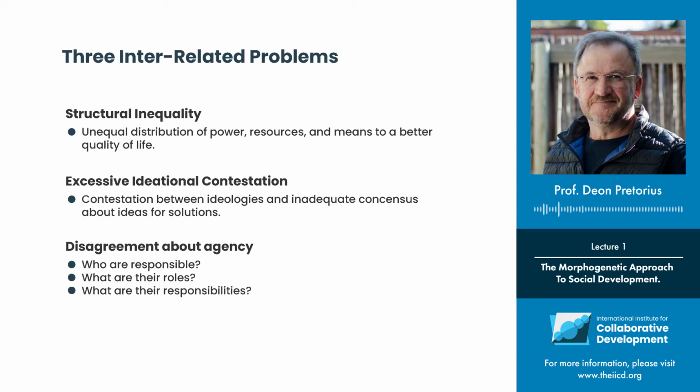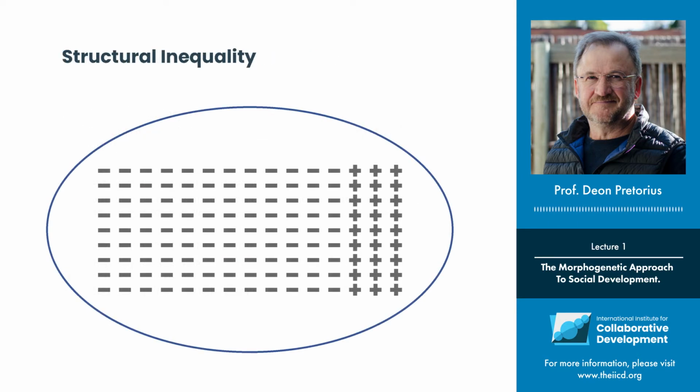The patterned manifestation thereof can be depicted in a pyramid-like stratification system, or by way of a system that is presented by way of a circle which contains a set of minuses and pluses. The minuses refer to those in the society who have less opportunity or are constrained in terms of achieving a good quality of life. And the pluses refer to those who have a greater opportunity to achieve a better quality of life.